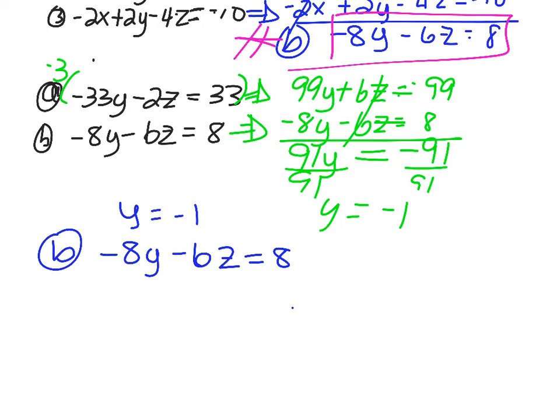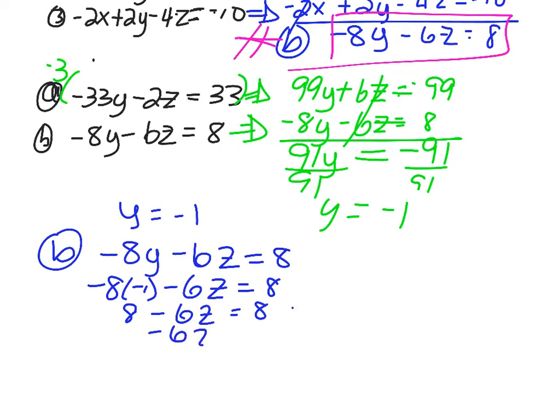All right, so I have negative 8 times negative 1 minus 6z equals 8. So negative 8 times negative 1 is 8 minus 6z equals 8. Minus 8 from both sides, I get 0. Divide by negative 6, z is equal to 0.